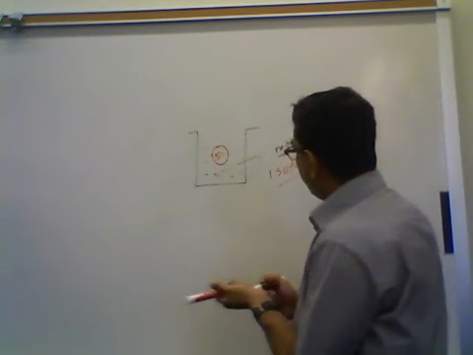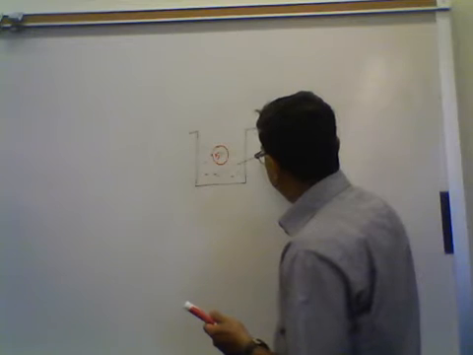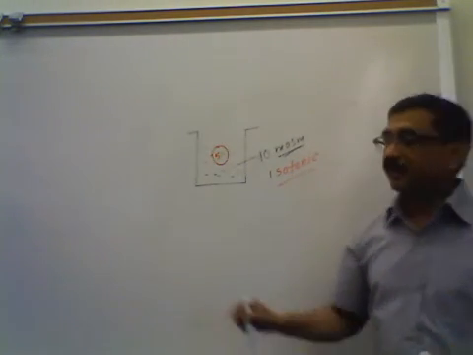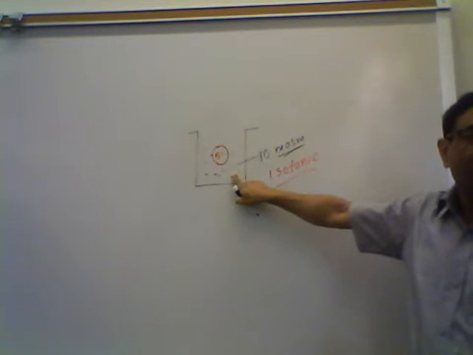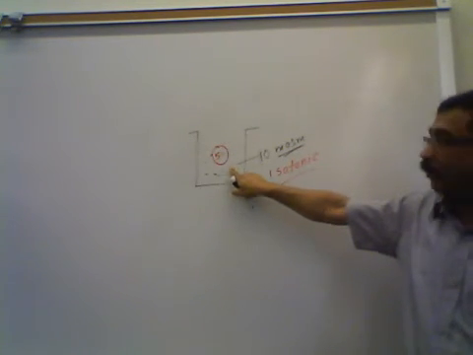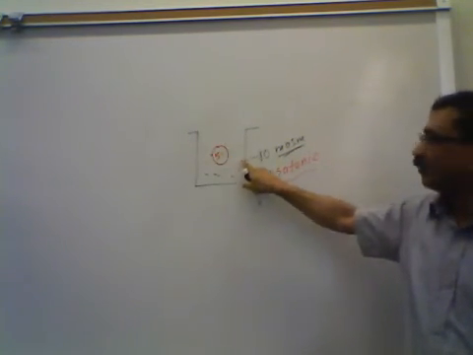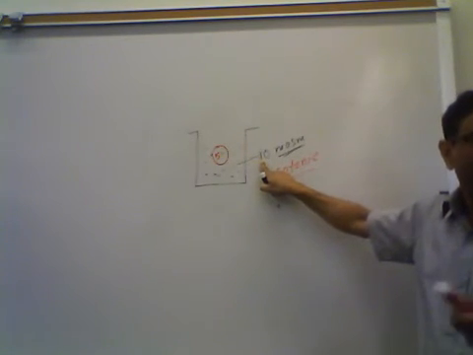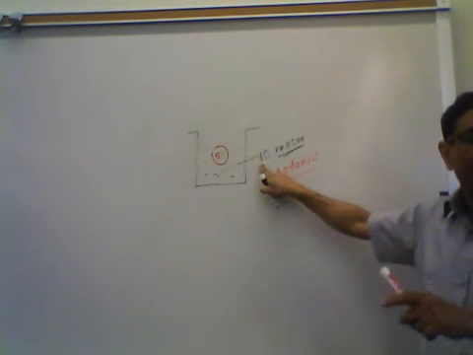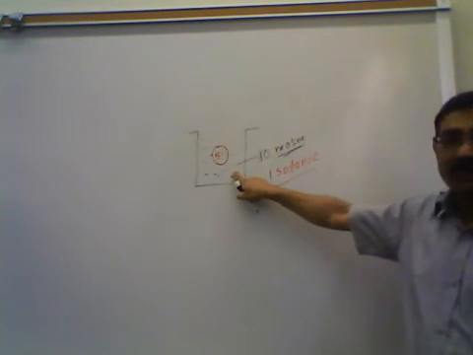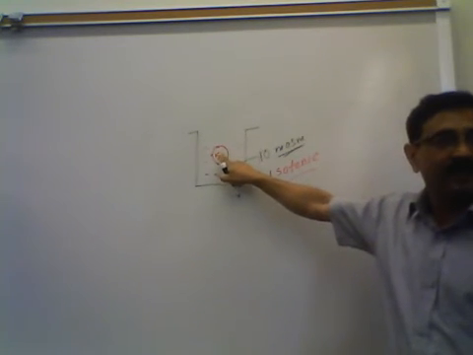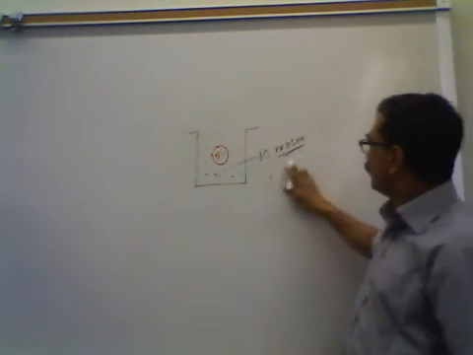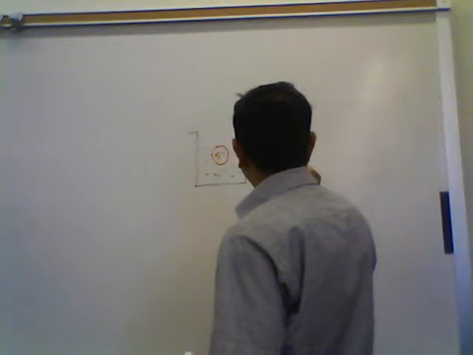Now you tell me, if you take a solution that has a concentration of 10 milliosmol, is this solution now hypo or hyper compared to this? Hyper. Hyper means more, right? All of you know that, right? So this solution is hypertonic compared to this, right?